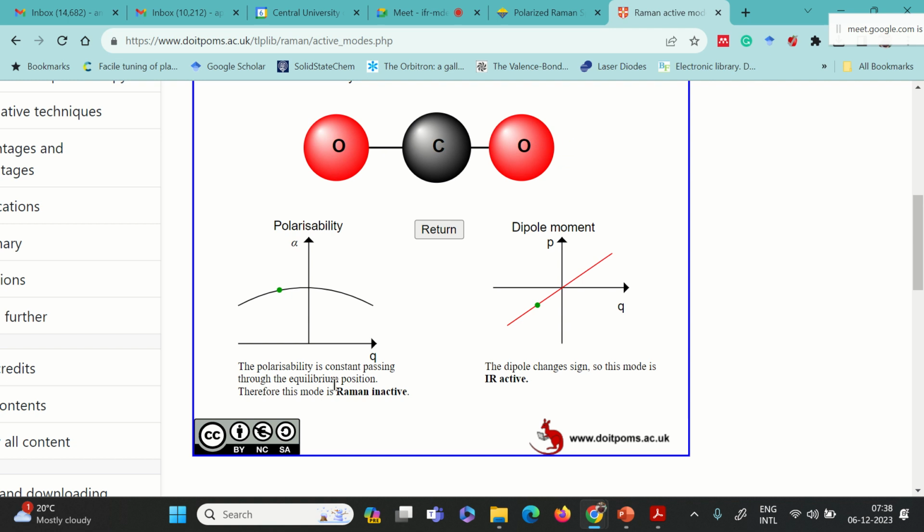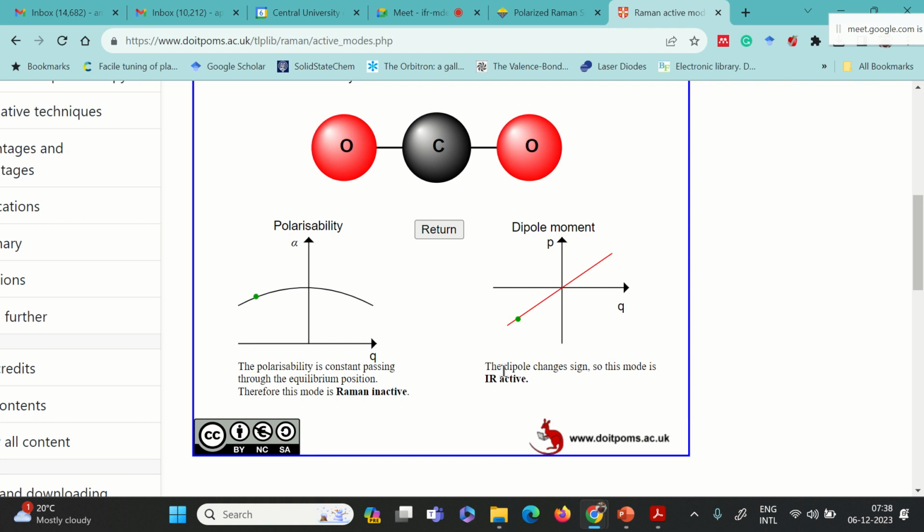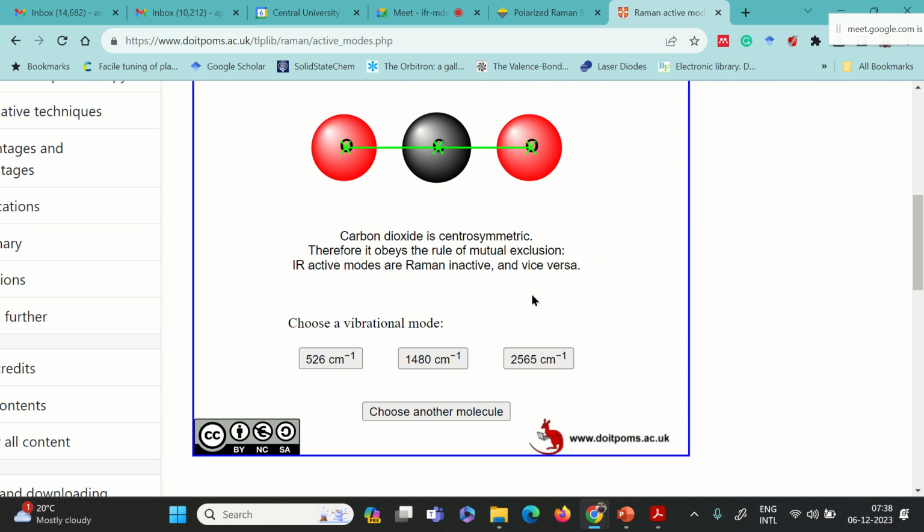However, the generalization of the trend does help you in deducing the structure of a molecule when you have both the Raman and IR spectra. If it follows the mutual exclusion principle, that is, what is active in IR is not active in Raman, and what is active in Raman is not active in IR, then you can clearly confirm there will be a center of symmetry. Okay.